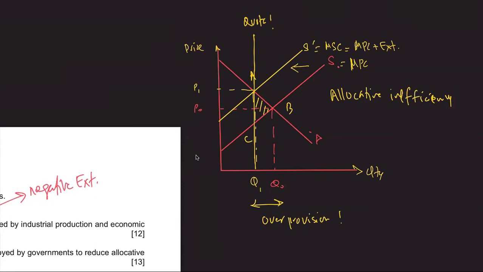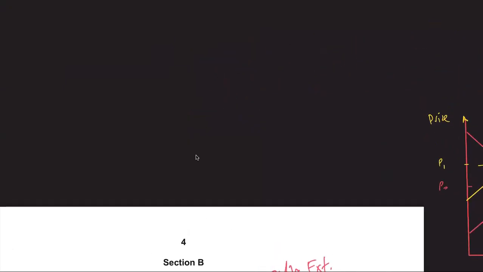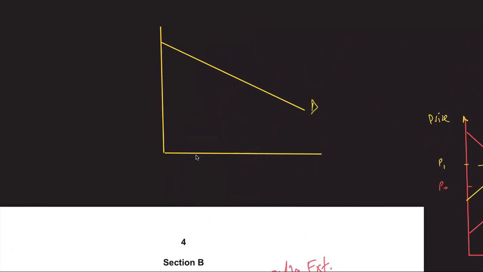Then they talk about using diagrams, discuss whether policy is effective. So you talk about the diagram of how, the same diagram that I drew, but I'll also draw a diagram for taxation. If this is my demand and supply, your S1 will be your marginal social cost, which is also marginal private cost plus your tax amount.